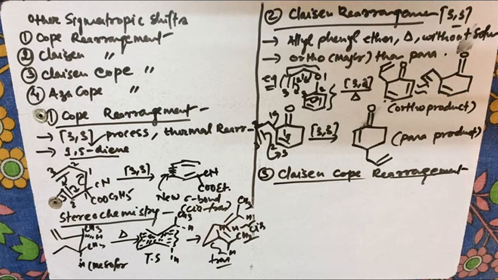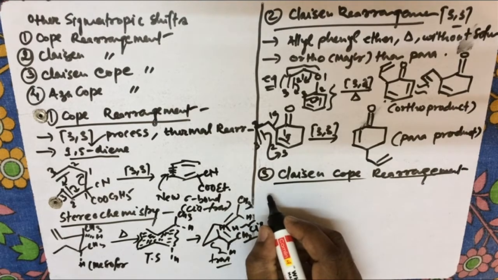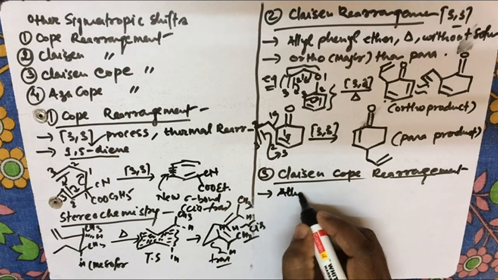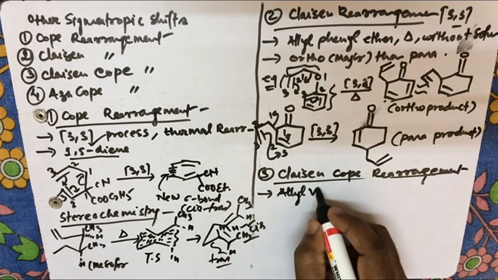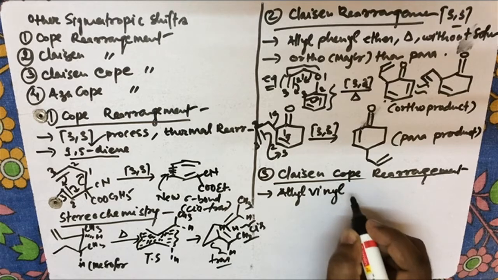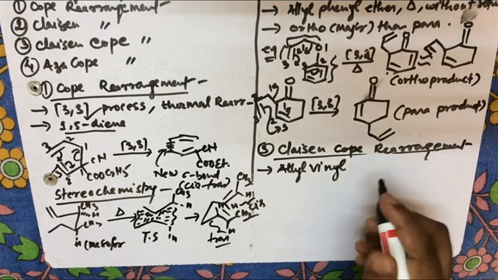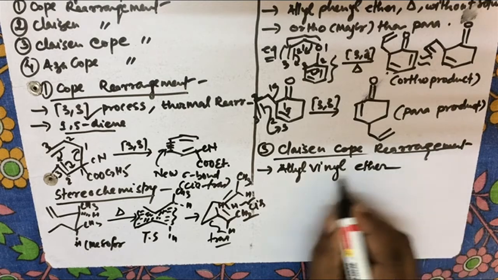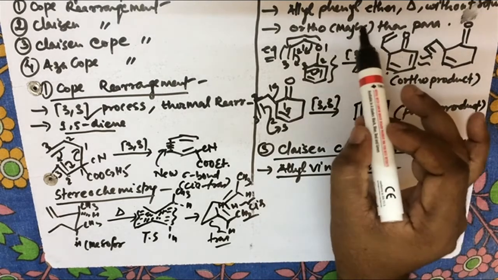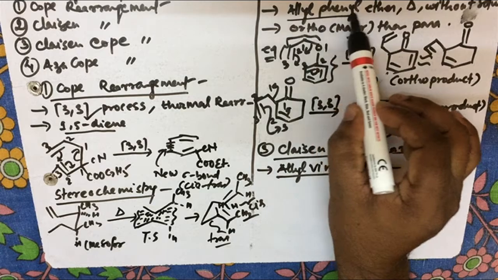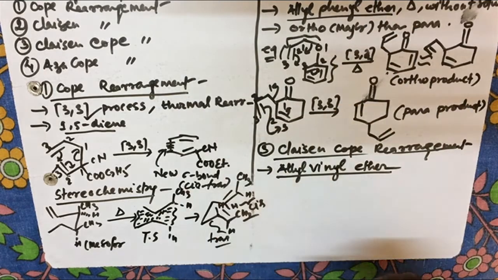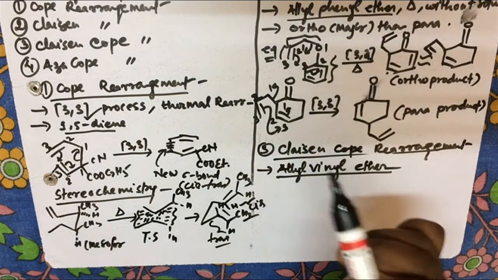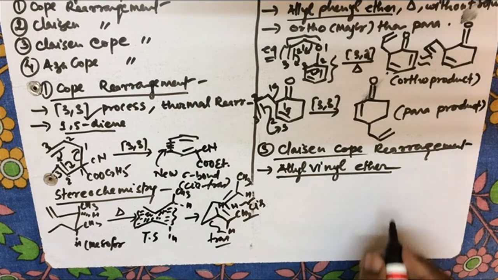It is basically observed in allyl vinyl ether. Here it is observed in allyl phenyl ether, and here in allyl vinyl ether.